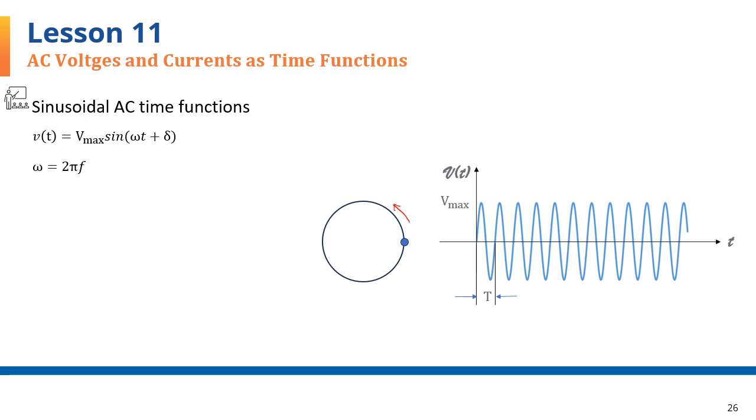So once it has completed f rounds in a single second, it has traced 2 pi times f radians in terms of its angular displacement, which we'll call the angular frequency and give it the name omega.